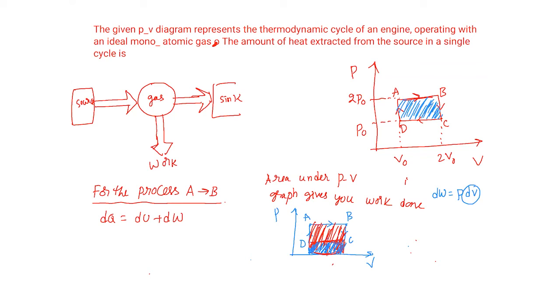If the process is clockwise, as we have just seen, the net amount of work done is positive. That's why in a clockwise cyclic process, work done is positive. What if the cyclic process is anti-clockwise? The net amount of work done is negative. But how do you calculate that work done? Area enclosed by that loop.